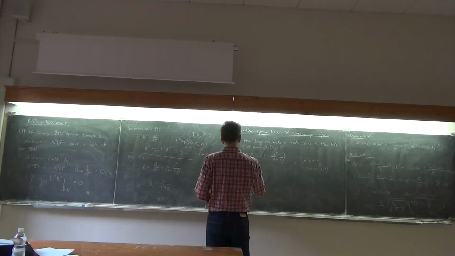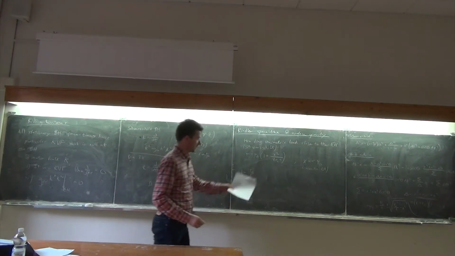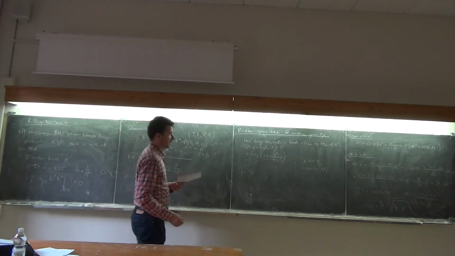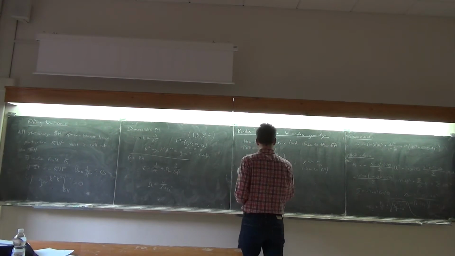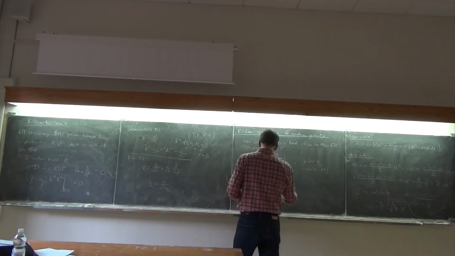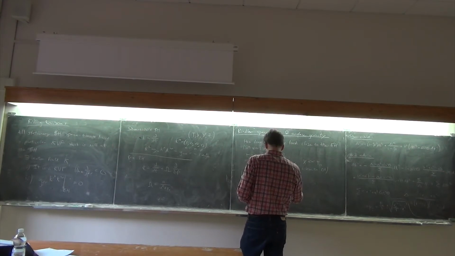So first, let's try to look at this, which goes into the metric over there, and insert this definition of the x up here. So what do we get? Well, this is just simple algebra.